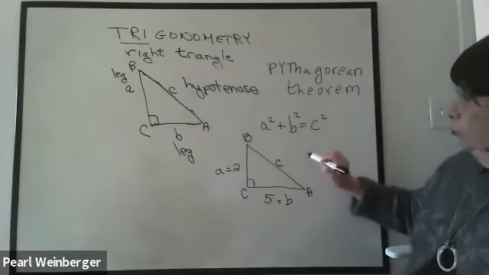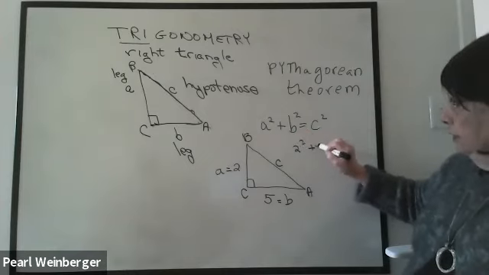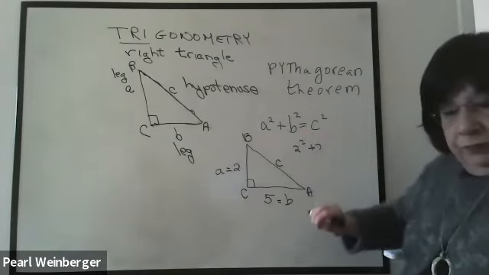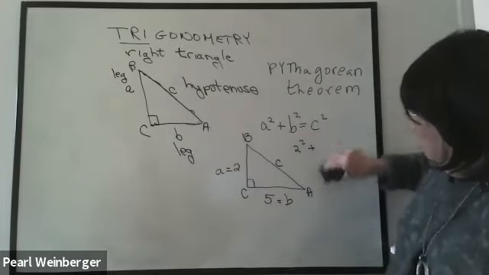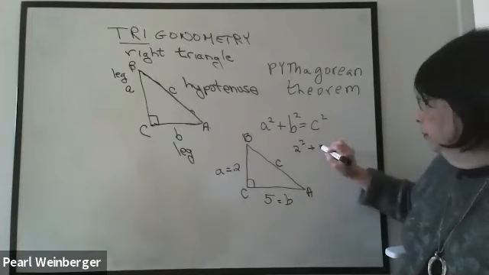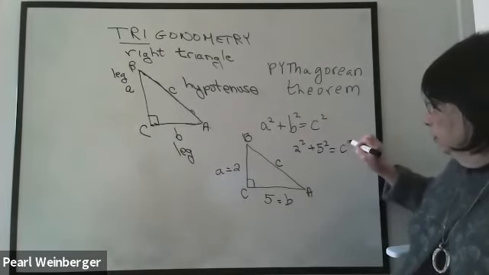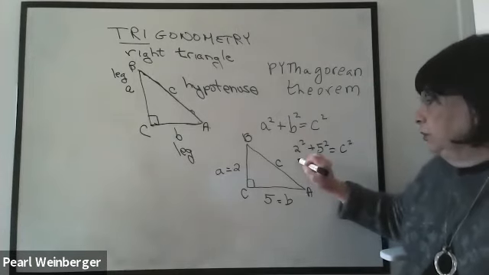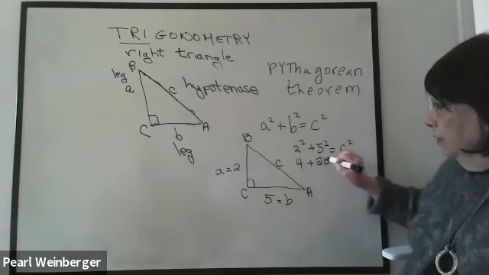So I use this formula, a squared, which is 2 squared, plus b squared, which is 5 squared. That's going to give me my C squared. Well, 2 squared is 4, and 5 squared is 25.